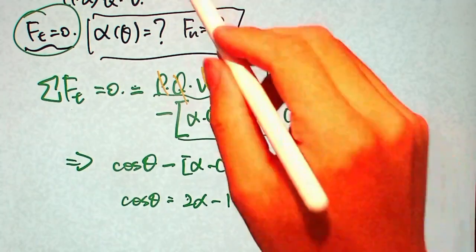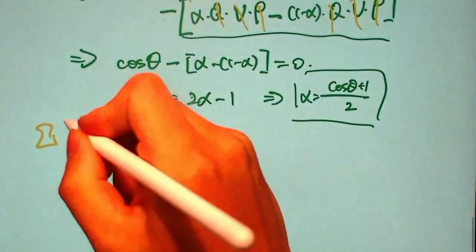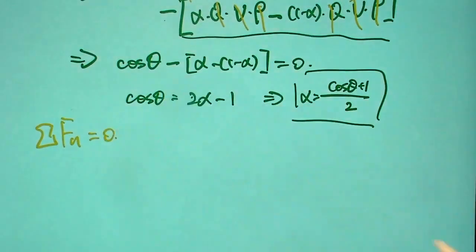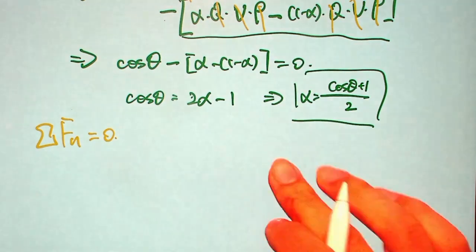And it's the same thing for the normal force. So we still have the sum of normal forces be 0 because it's in a steady state, it's in a balanced state. So the sum of the force will be 0. So this is the same.